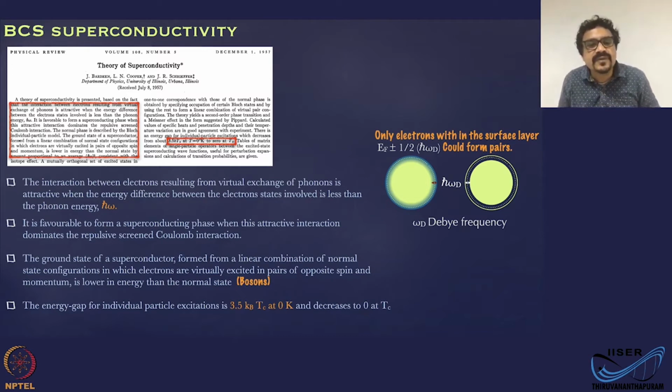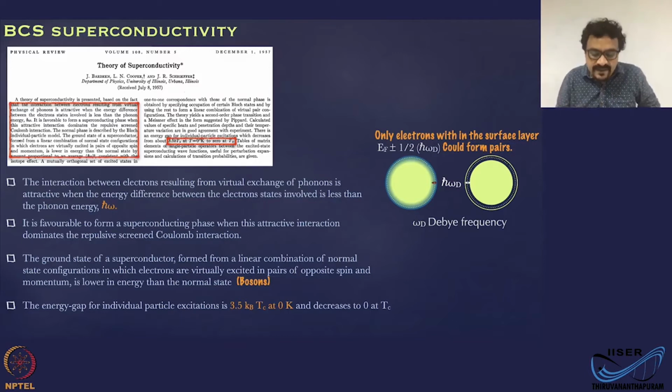So it is an attractive interaction which is mediated by the lattice, mediated by the phonon, which dominates over the screened Coulomb repulsion of these individual electrons. These two electrons can combine and form a bound state.